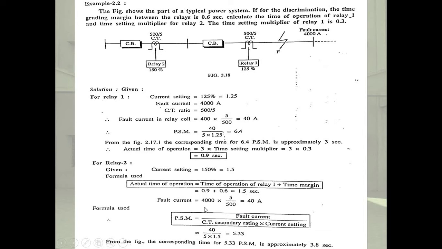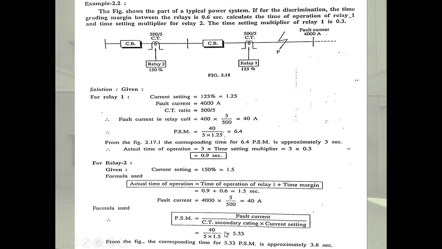Now fault current equals 4000 into 5 by 500. So fault current equals 40 ampere. Now PSM equals fault current divided by CT secondary rating and current setting. Fault current is 40 ampere, CT secondary current is 5, and current setting is 1.5.